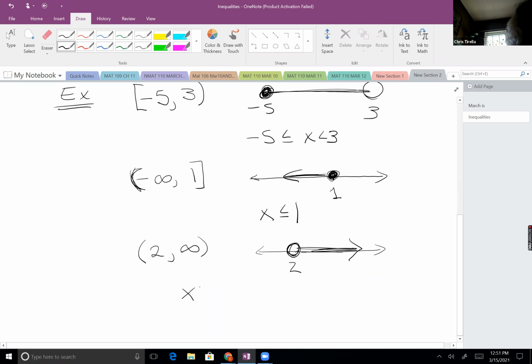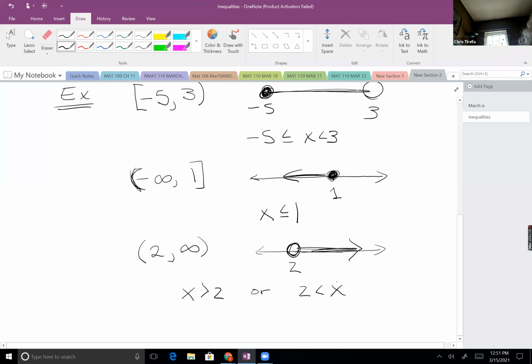And so this would be like saying x is greater than 2. Or if you wanted to, we could write that as 2 is less than x. Does everybody remember working with these interval notations at the beginning of the semester? Yeah.